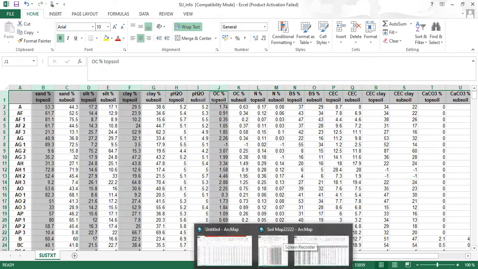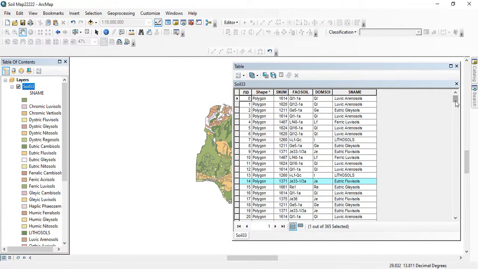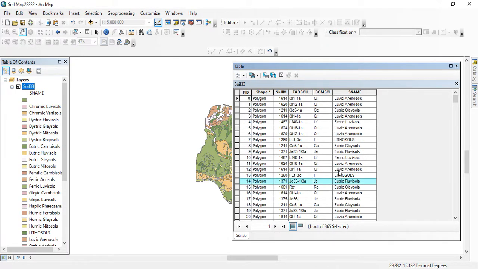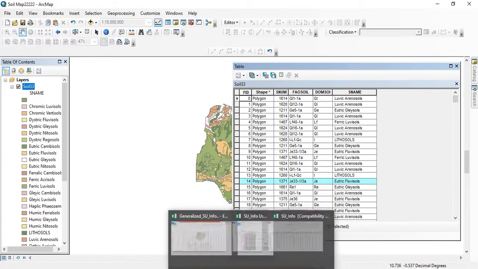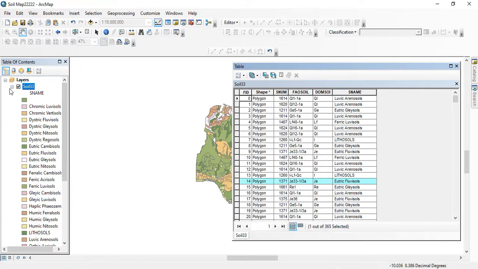Now on my map, on my watershed, I have almost 364 soil types. So with this soil information I'm going to extract, I'll bring that to my table here.